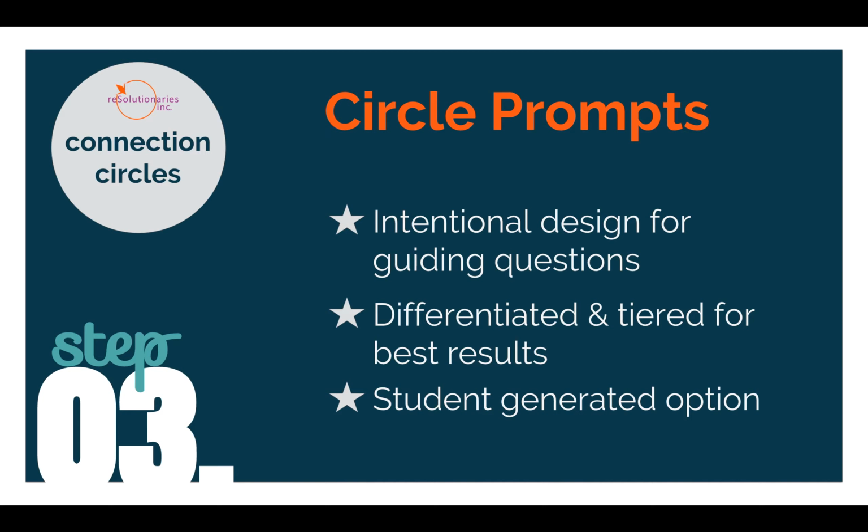So you write all of those down, and at the end of your first circle prompt, you already have a list of values that can serve as an agreement that the whole class can make in order to maintain and be held accountable to holding a safe space for all of the students involved.